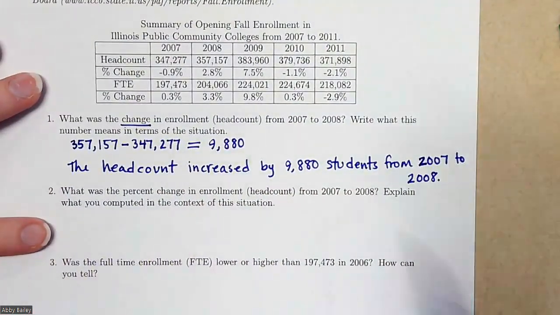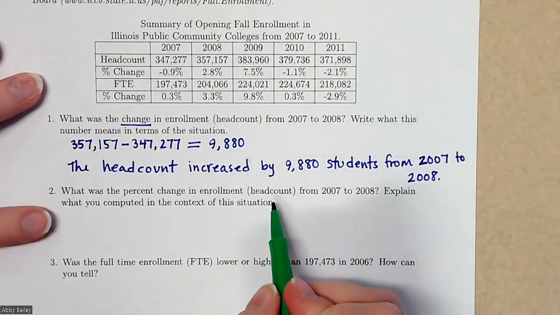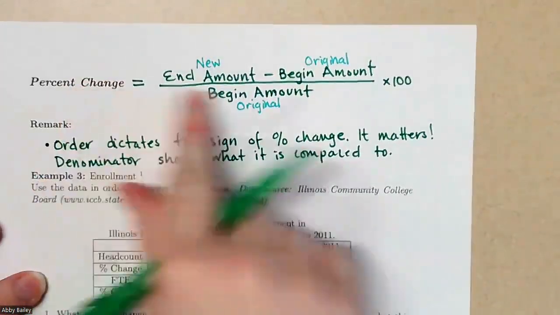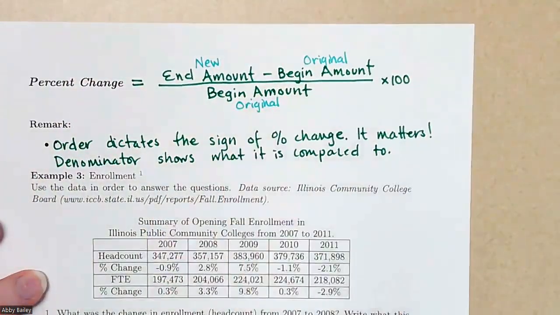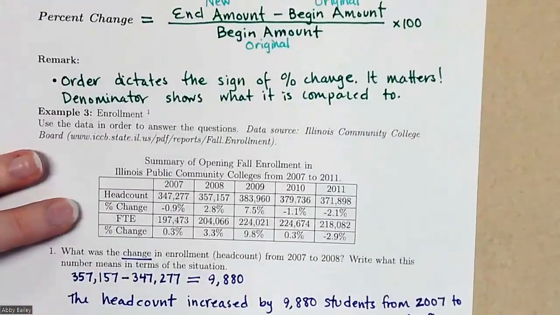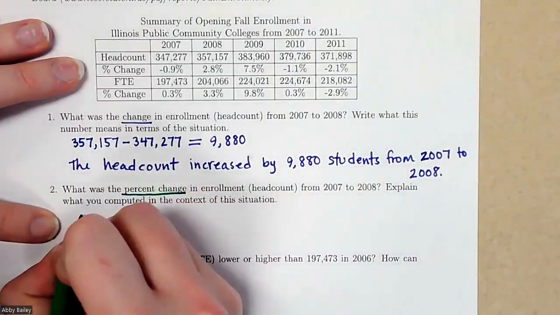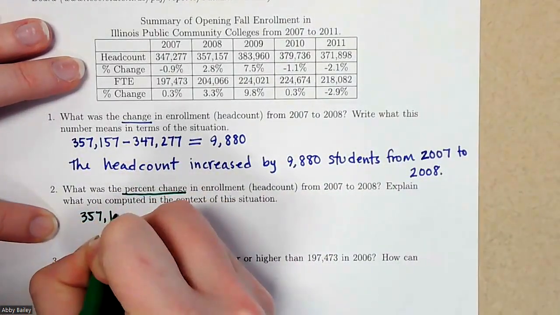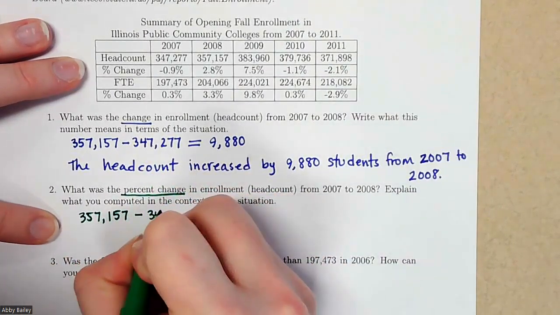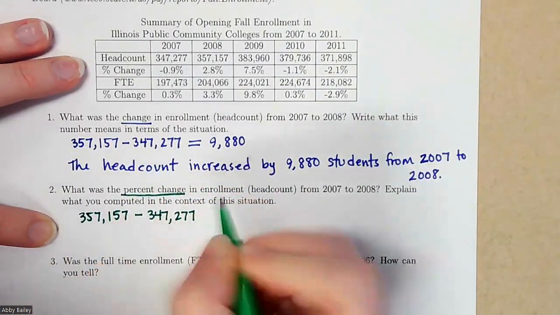What was the percent change in enrollment? So now look, this says percent change, which means I actually need to do a comparison to the original amount. Okay, so let's see. End amount minus begin amount, the end amount in 2008 minus the original amount in 2007.